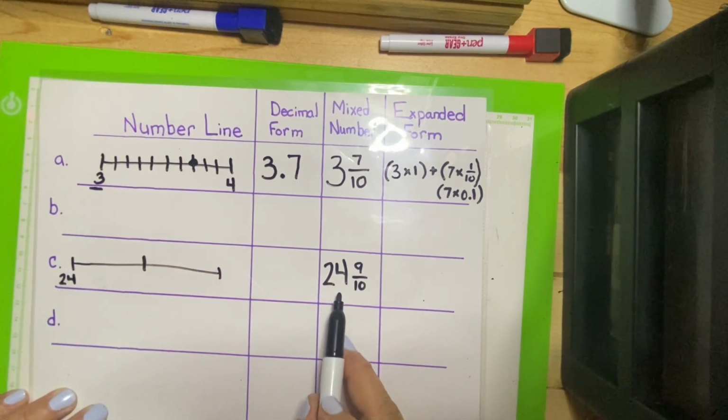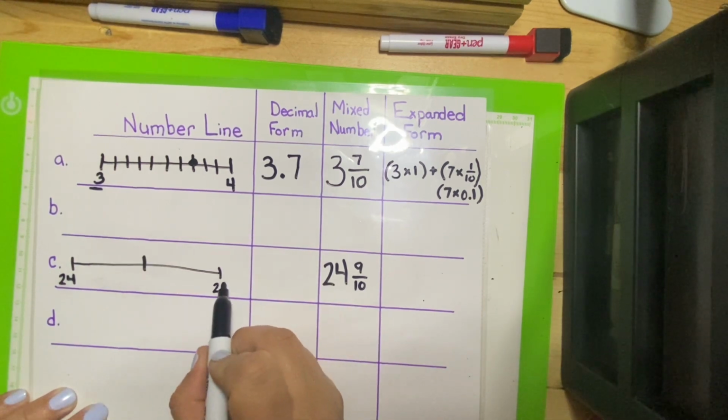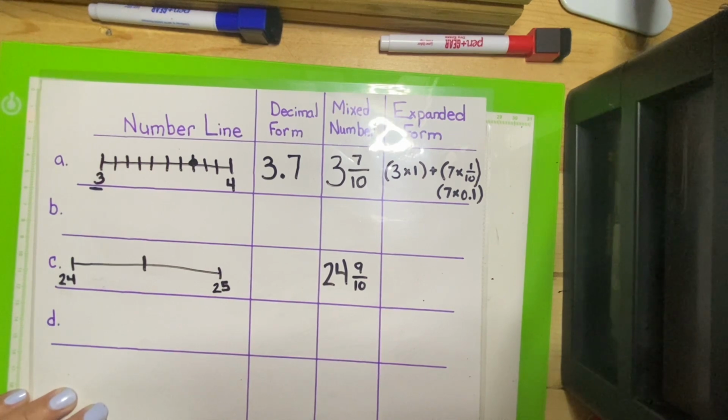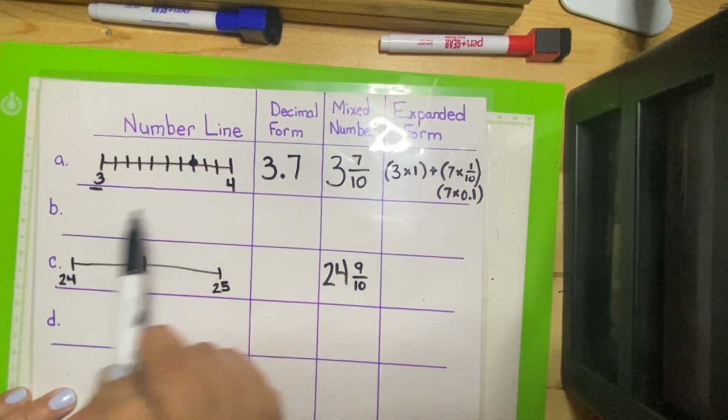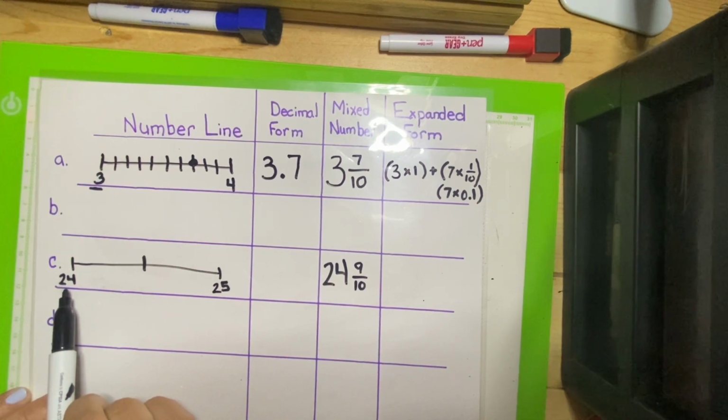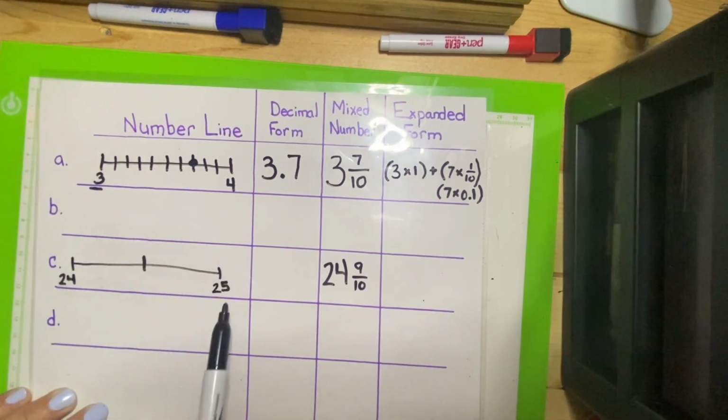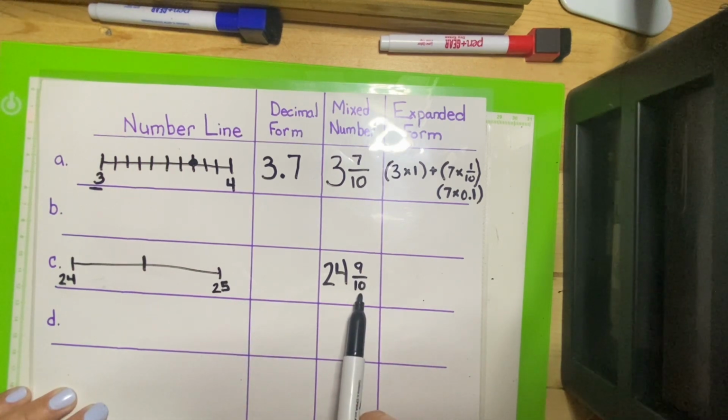And the next whole number is 25. That's how I get these two numbers. Whatever my whole number is starts the number line that I'm going to be working with, and then the next whole number. Now I have 9/10.